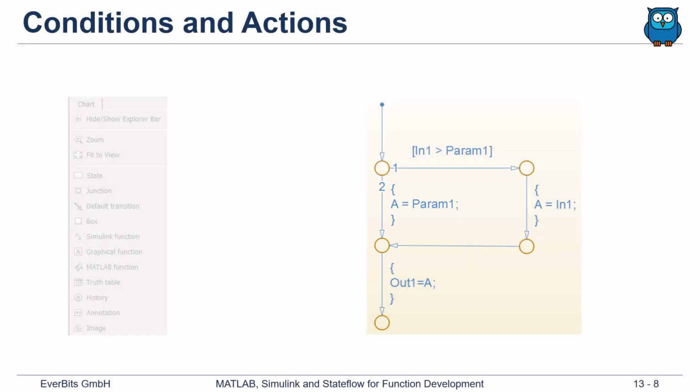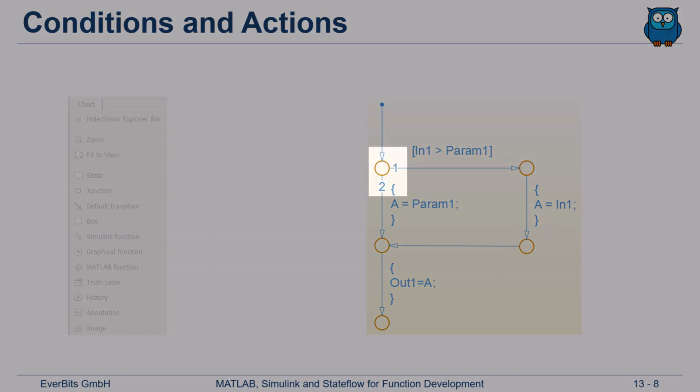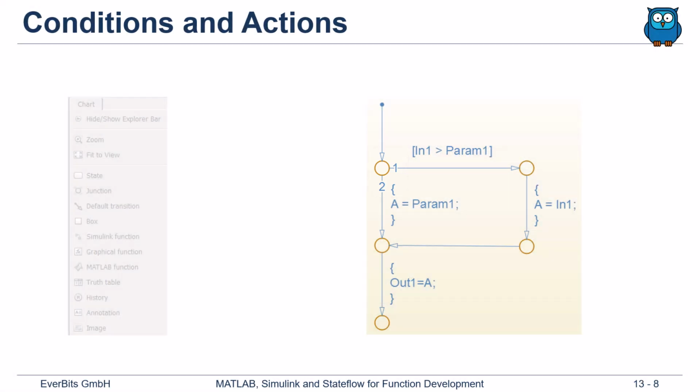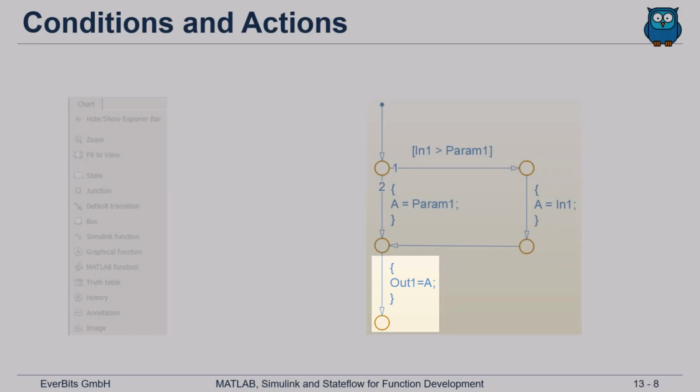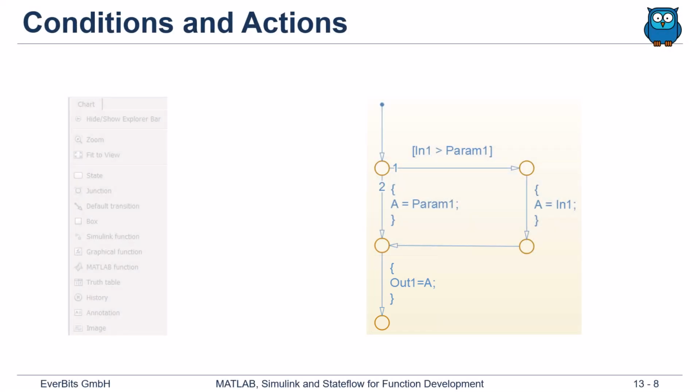As you see in this case, we have a clear if-else, and we will see that it is very easy to generate C code for this kind of a pattern, and it will look exactly the way you would expect. In the final transition, before the terminating junction, we will execute the last action in which we will set the output interface out1 to this local variable a, and this will be the final action.